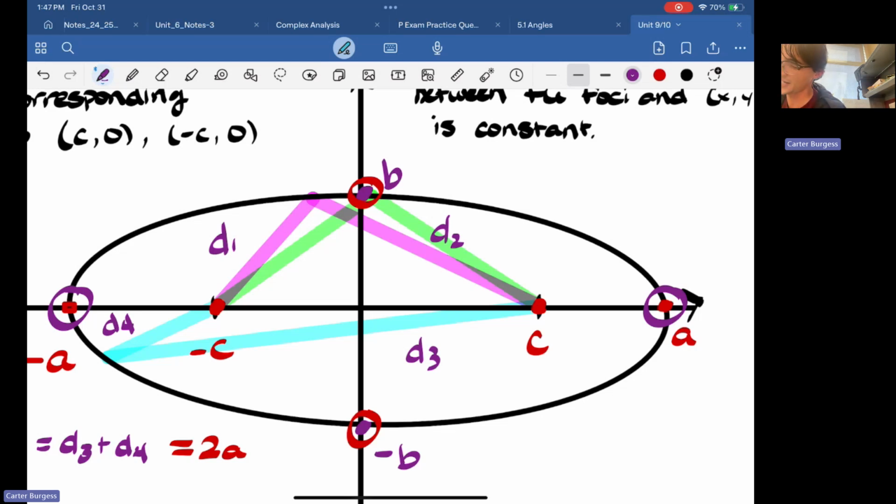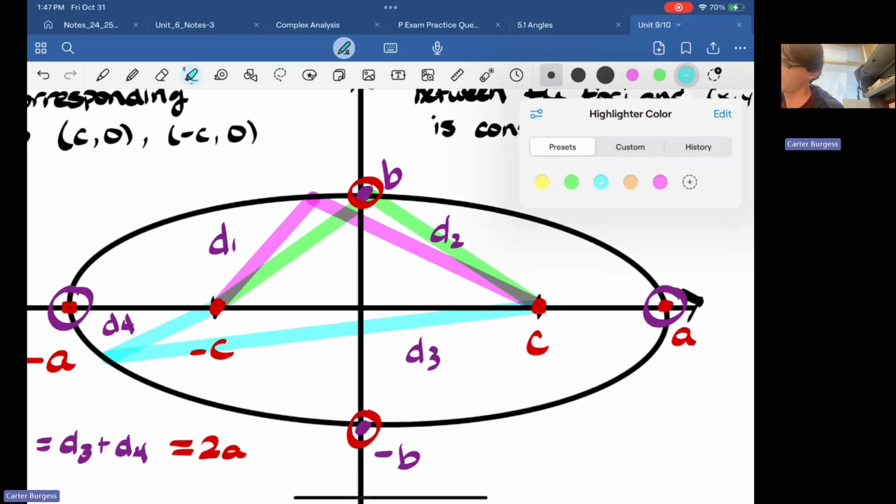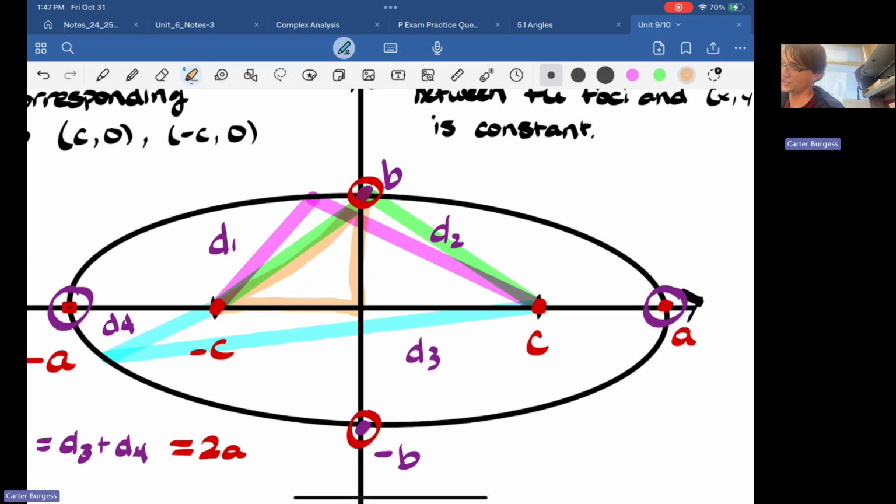What you'll notice here is we trace out a right triangle with each of those distances. We've got a right triangle here. What is this vertical distance? What is this leg? That's just B. What is this other leg? That's C. That's the distance from center to focus.